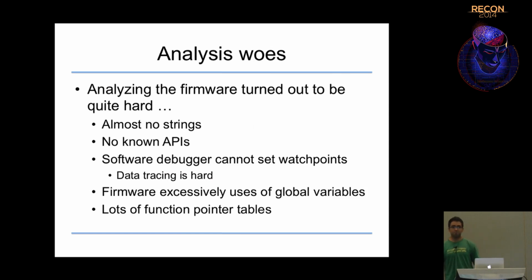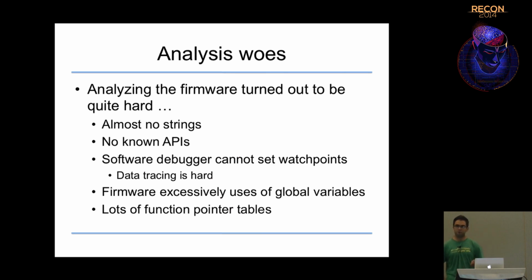Yeah, this was my first really big hardware reversing project, and it turned out to be quite hard because there were no strings in the firmware. There were, of course, no known APIs because there's no operating system in the traditional sense. Then the software debugger cannot set watchpoints, so it's really hard to follow data.